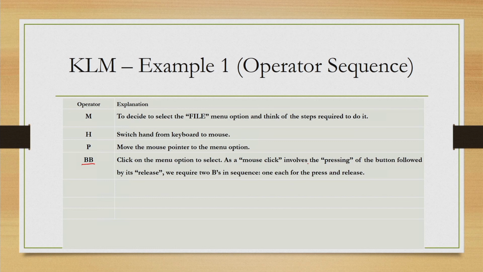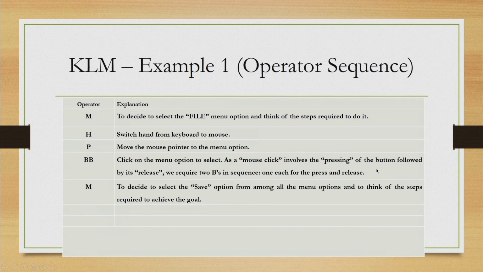So, essentially we need to have 2 B's, one each for press and release. This will be followed by another M. Once we have clicked on the file option, we will get to see another set of menu options, and we need to think of selecting the appropriate menu option.